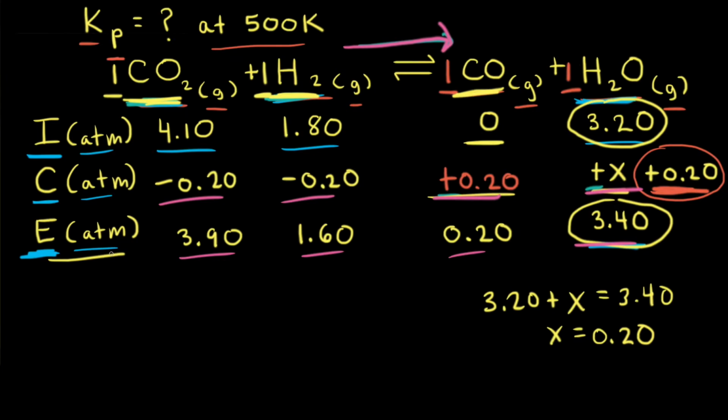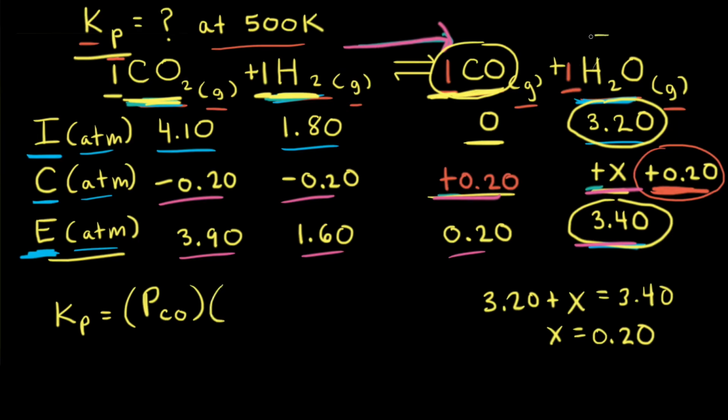Now that we know our equilibrium partial pressures, we're ready to calculate the equilibrium constant Kp. So we need to write an equilibrium constant expression. Kp is equal to products over reactants. For our products, we would have the partial pressure of carbon monoxide, and since the coefficient is a 1 in front of carbon monoxide in the balanced equation, it'd be raised to the first power, times the partial pressure of our other product, H2O.